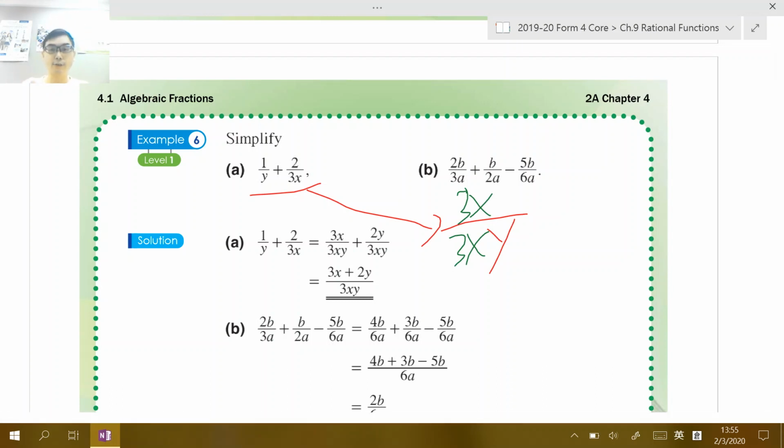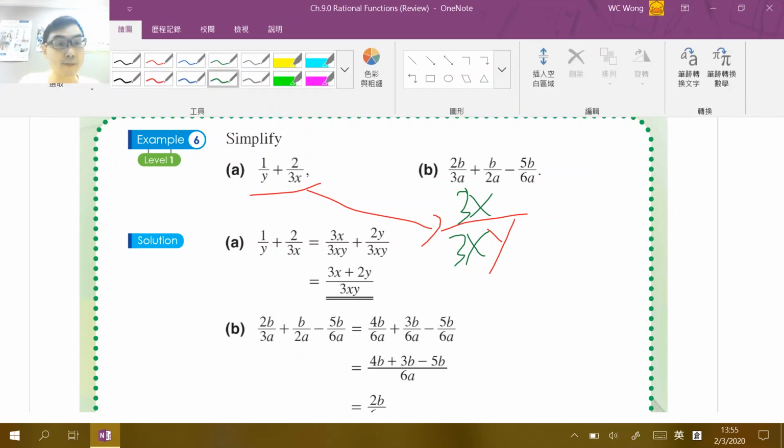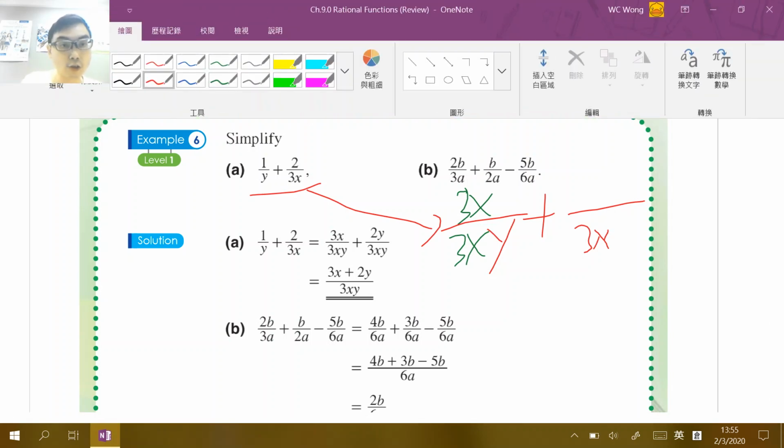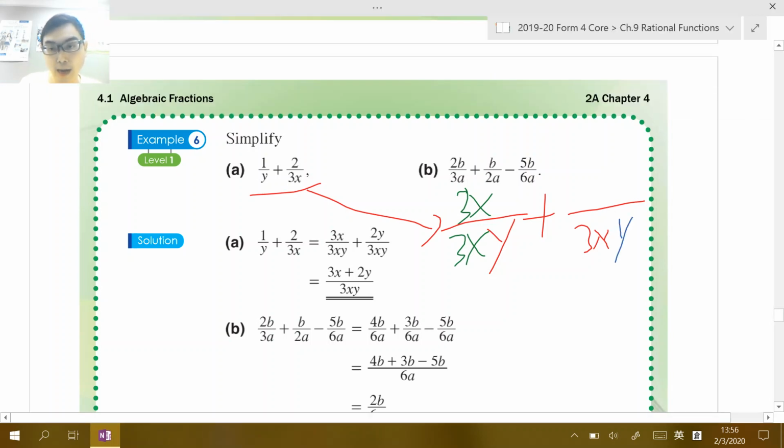That means you have to add all the things the second term has to the first term, or vice versa. The second one is originally 3x, but because there's no y, while the first term has y, you have to fill in the y here and make this one 2y.